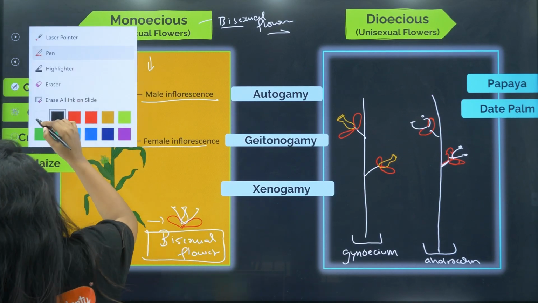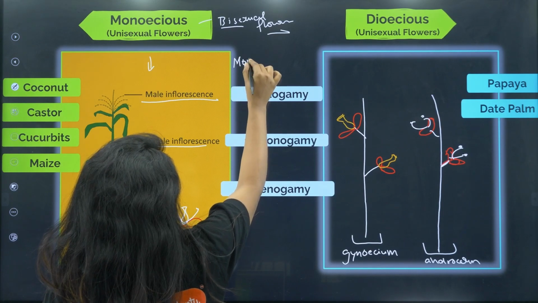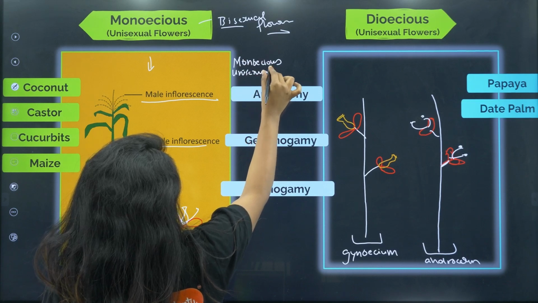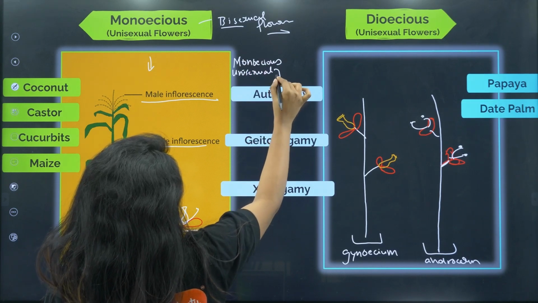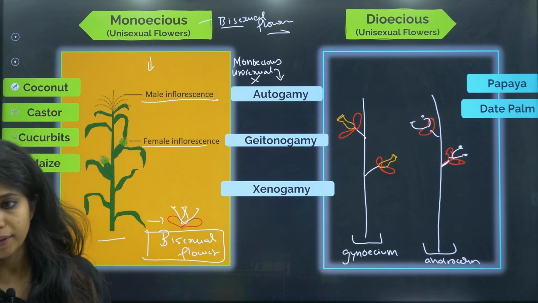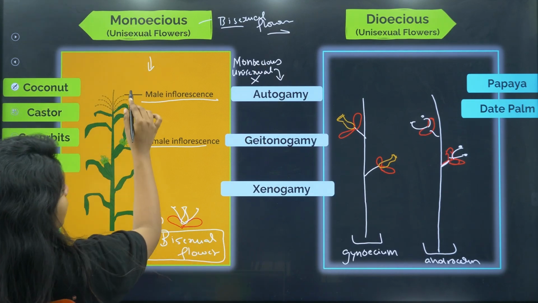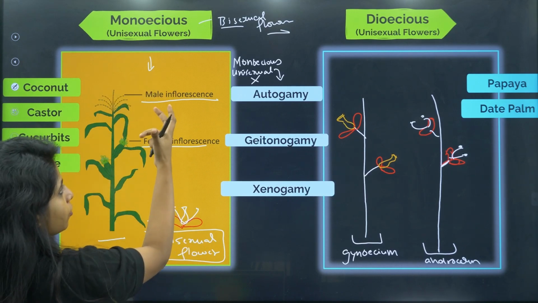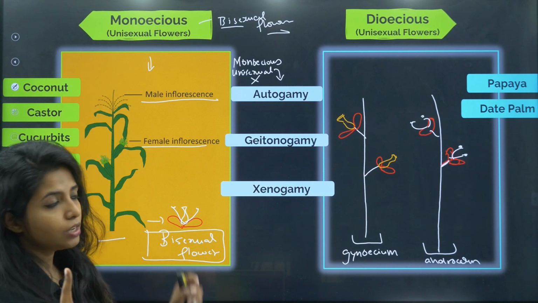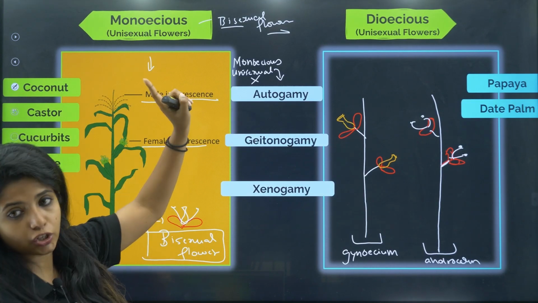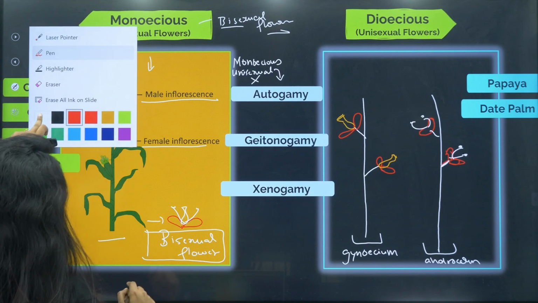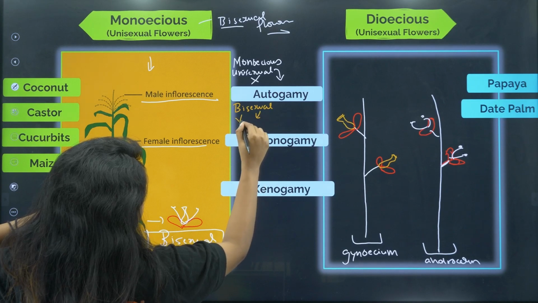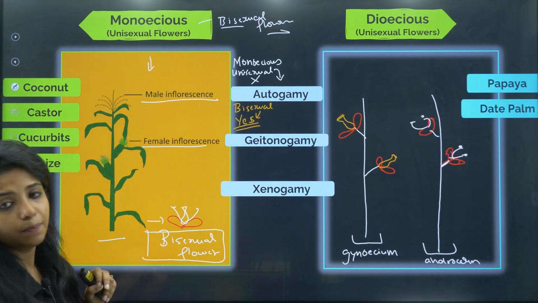No. So, I will put a condition: monoecious, unisexual ones would not be showing autogamy, because as you can see, there is only one sex organ over here. So, how can they do self pollination in the same flower? They cannot show autogamy if they are unisexual. Now, one more thing, monoecious ones can also be bisexual. In that case, autogamy can happen, yes.